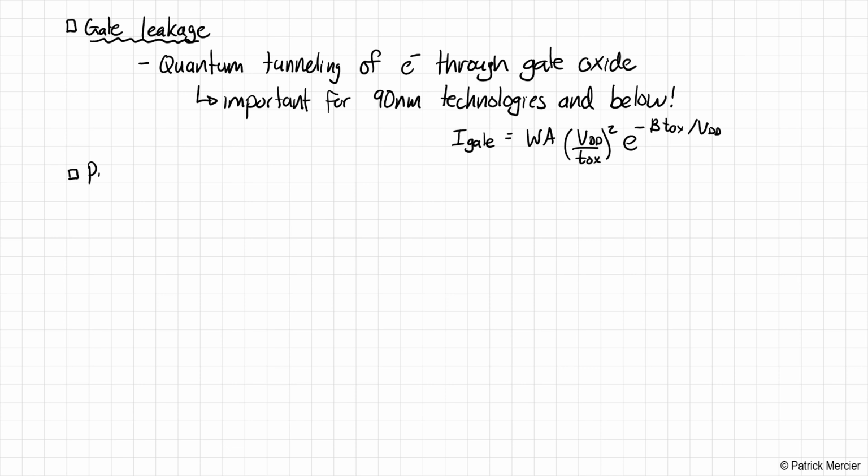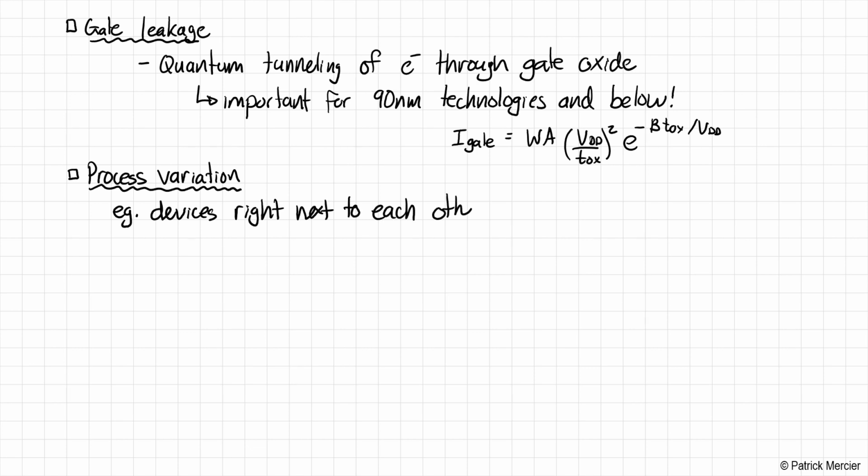Okay, another non-ideality is not specific to a particular transistor, but rather something that we as digital designers have to be more and more aware of these days, and that relates to process variation. What I mean by this is that devices right next to each other can have different parameters.